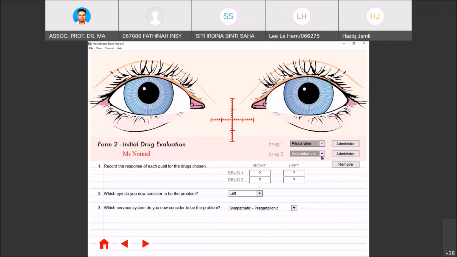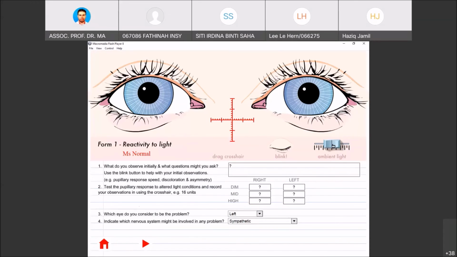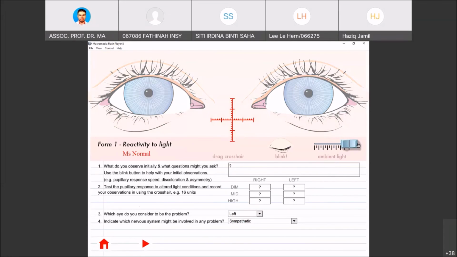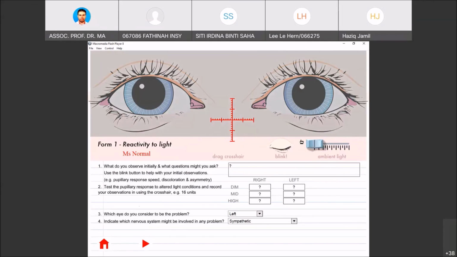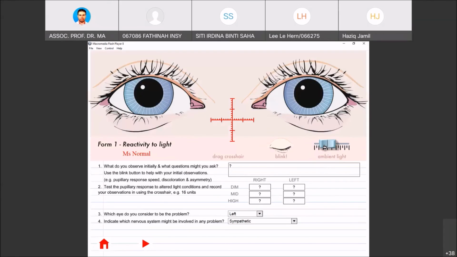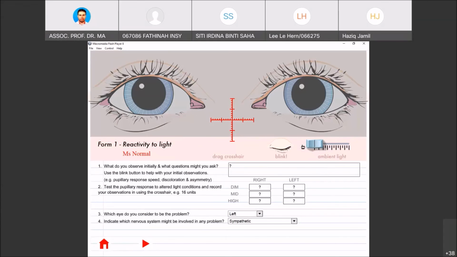So we have the pupillary constrictor muscle trying to constrict the eye, to make the pupil diameter smaller. And there is the pupillary dilator muscle, which is the radial muscle of the eye, which is trying to pull the pupil outside and make it larger in diameter. So these are 2 muscles acting at the same time.